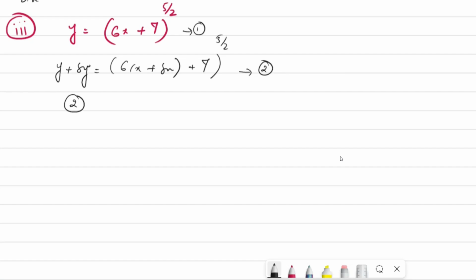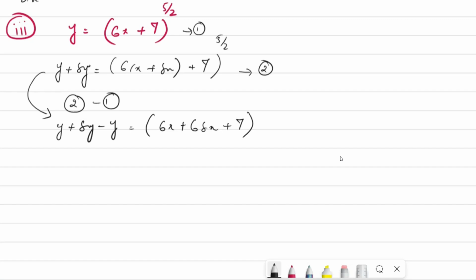Now we have to subtract equation 1 from equation 2. So it will be y plus delta y minus y is equal to, opening it, 6(x plus delta x) plus 7, that is 6x plus 6 delta x plus 7, whole raised to the power 5 upon 2 minus (6x plus 7) whole raised to the power 5 upon 2.